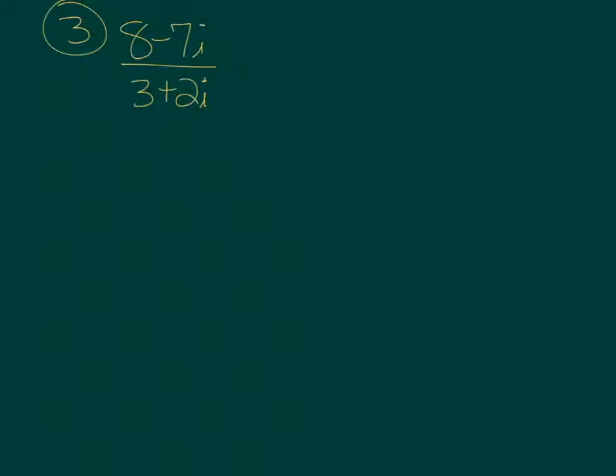But we can't just go multiplying by 3 minus 2i, so we have to multiply by 1. So that's 3 minus 2i over 3 minus 2i. What's important, you look at the denominator, you change the sign. Since this was 3 plus 2i, we make it 3 minus 2i, and we multiply by that over itself so that it becomes, so this is really 1, right? So we're not changing the value, we're just changing what it looks like.